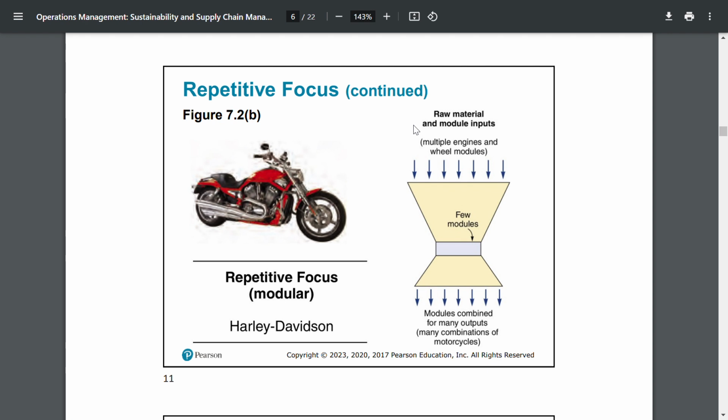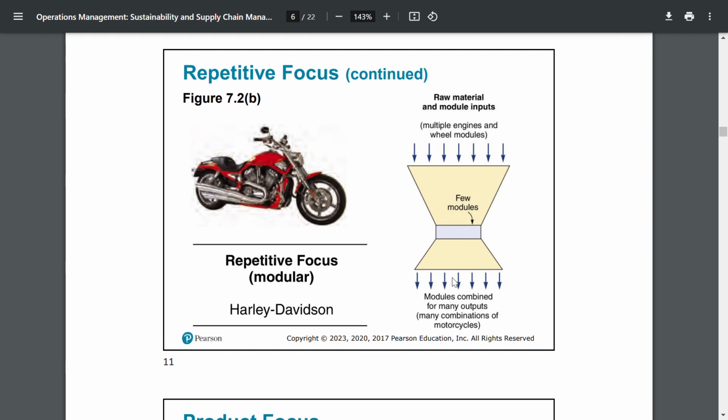All of these are the raw materials needed for a motorcycle. But we don't have one type of engine or one type of wheel. We have multiple engines, multiple wheel modules, and they all go in the process. We have a few modules, not too many, but multiple, and then they all go combined for many outputs.